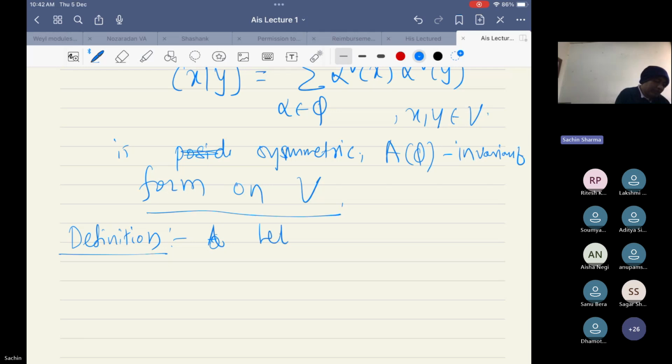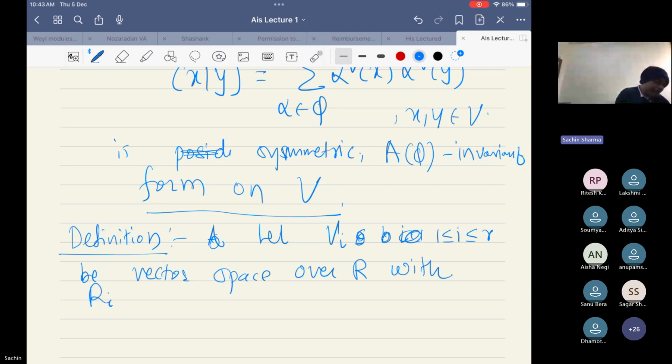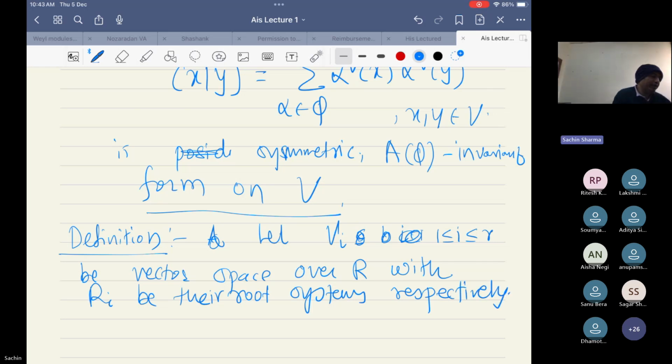Let V_i be vector spaces with R_i their root systems respectively.